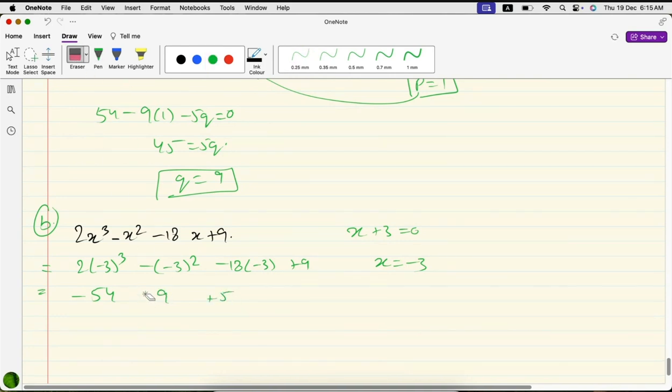And this was negative 9, plus 9. Negative, positive, negative, positive. So why is x plus 3 a factor? Because it leaves a remainder of 0.